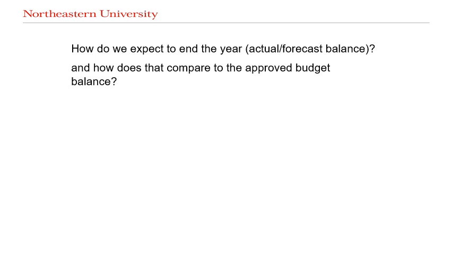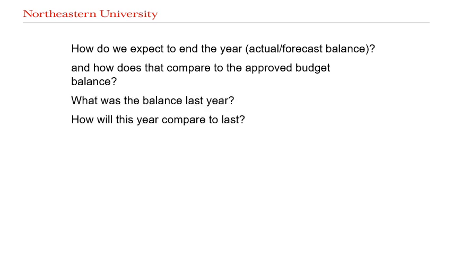Basically saying we know what's already happened so far, and if we add that to what we expect to happen for the rest of the year, where will we end up, and how does that compare to where we thought we'd end up when we first created the budget? It will look at the balance from last year and help you compare this year to last year, and will help you identify reasons for significant variances.